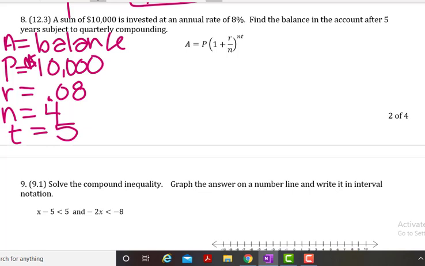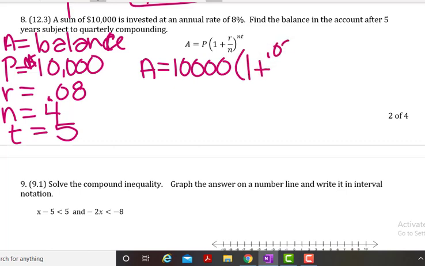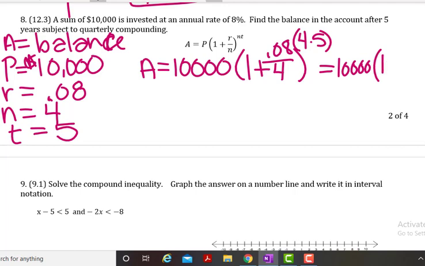So, filling in our information, we have A equals 10,000 times 1 plus 0.08 divided by n, which is 4, all raised to the power of 4 times 5. Simplify this one more time. It'd be 10,000 times 1.02, all raised to the 20th power.